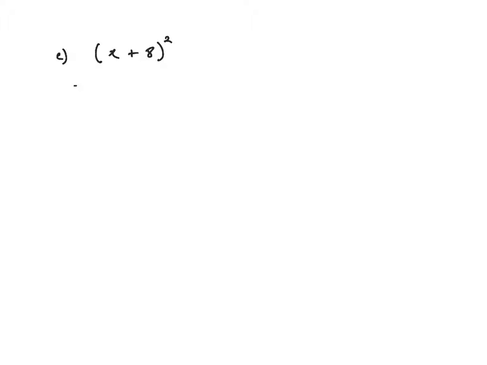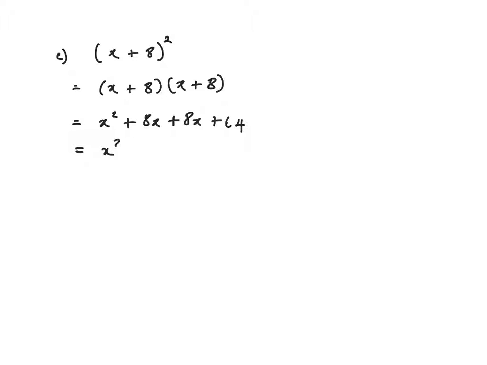X plus 8 all squared, that's x plus 8, x plus 8. That gives us x squared plus 8x and that's x squared plus 16x plus 64.